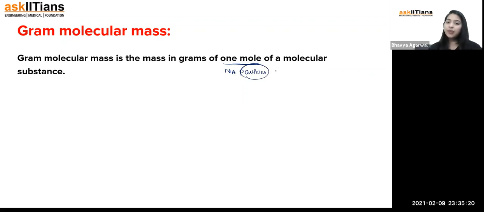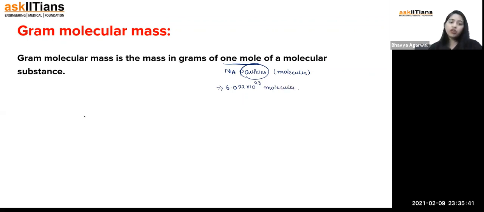And this time the particles will be molecules. So this is the mass in grams of Avogadro number of molecules, which means the mass of 6.022 into 10 to the power of 23 molecules present of the same type.